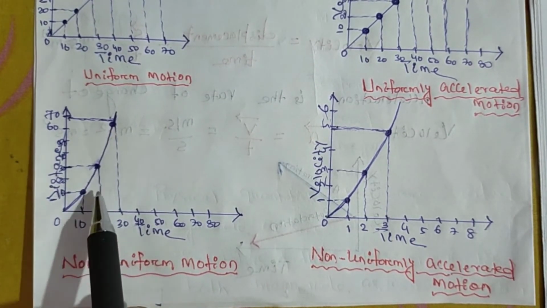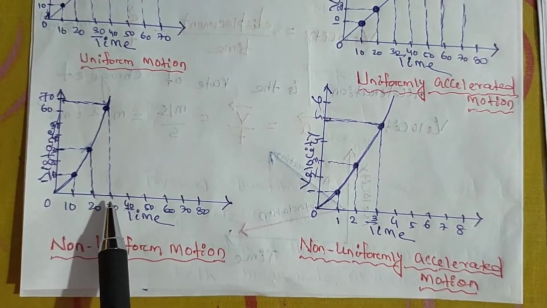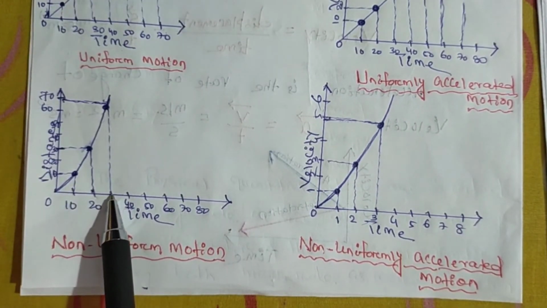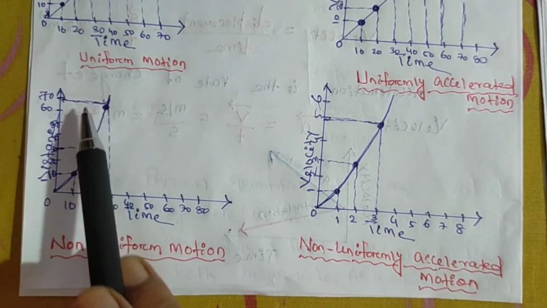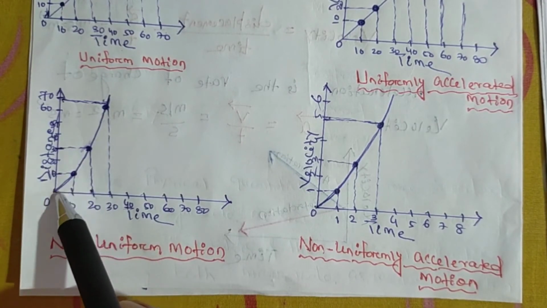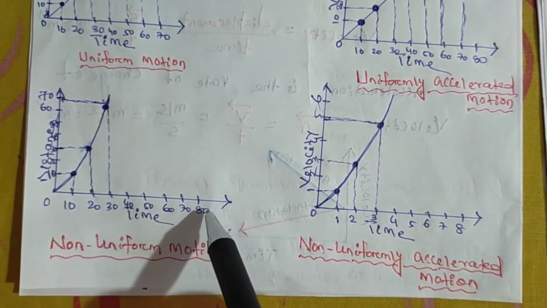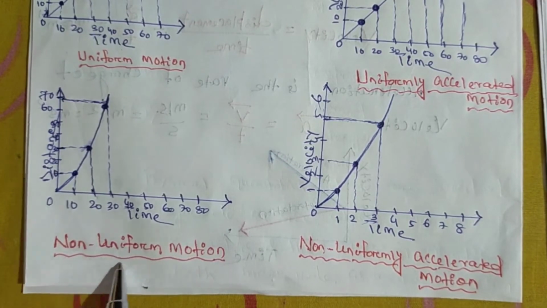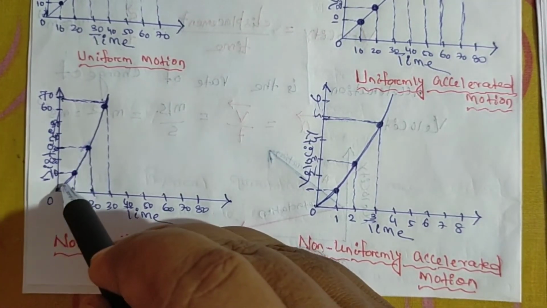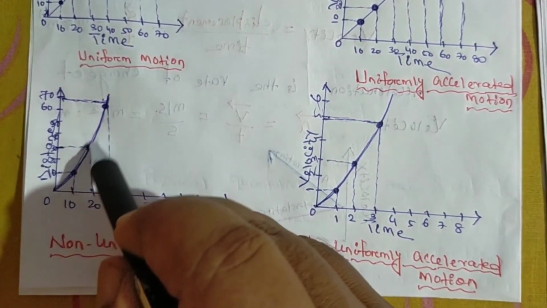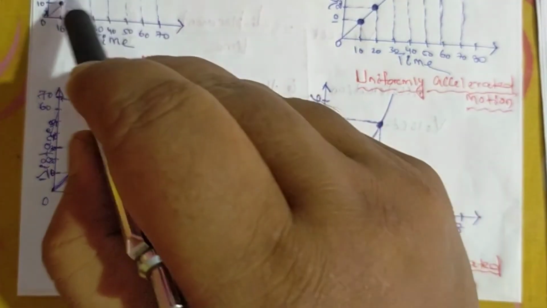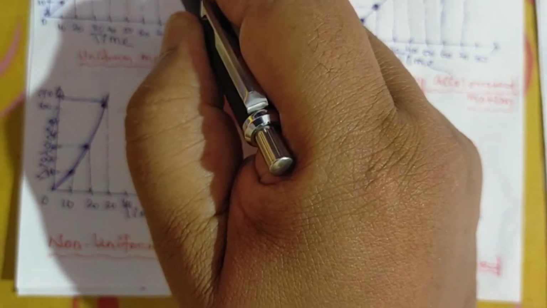In 20 seconds it covers 30 meter distance. In 30 seconds it covers the distance 70 meter. That means there is no uniformity in motion according to time. So this motion is known as a non-uniform motion and the graph will be like this, a curved line. But in case of uniform motion, the graph is a straight line.